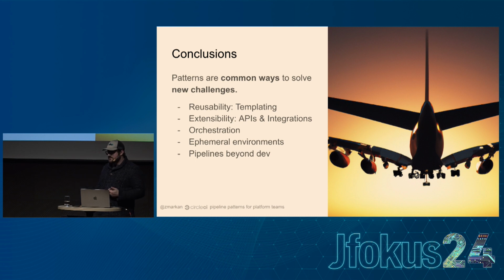From templating to spin up new projects easier, to integrations through APIs and webhooks to extend your pipeline reach, or orchestrating them so that you're testing however you want to test and reaching the teams you want to reach, for example, security, as I mentioned, and spinning up short-lived environments through infrastructure as code when you're applying and tearing down.